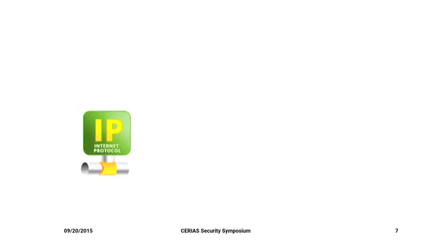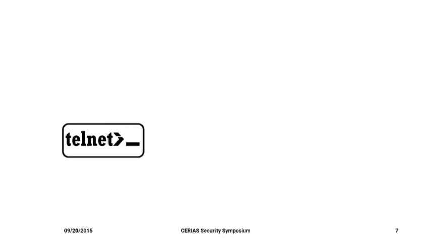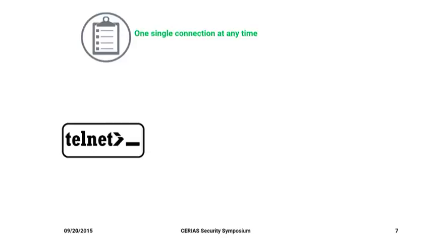Say we take one protocol example, Telnet. It's a very well-known protocol. Say the requirement says that at a single point in time, the Telnet server supports one connection, not more than one. If another connection comes while there is an ongoing connection, you should reject it.